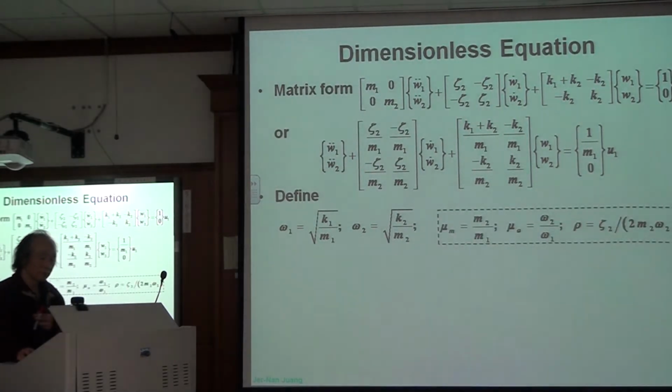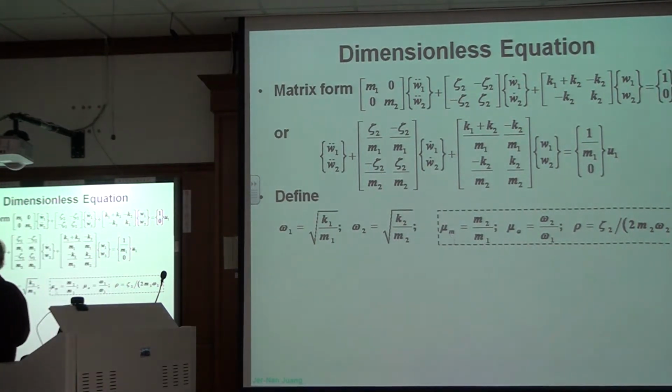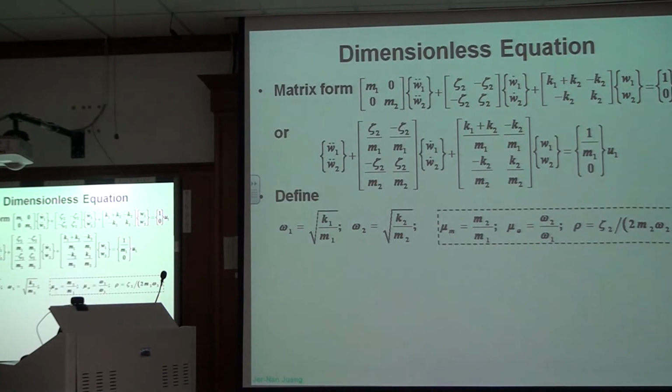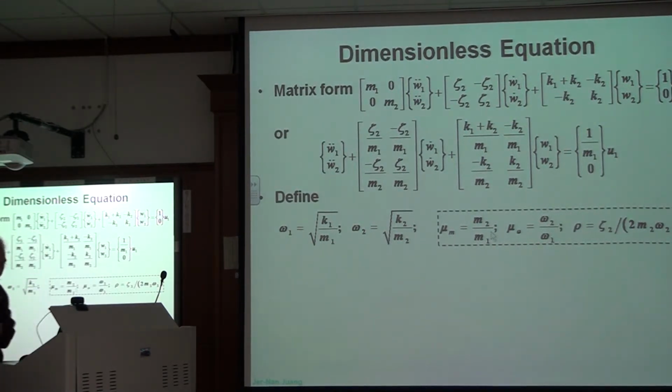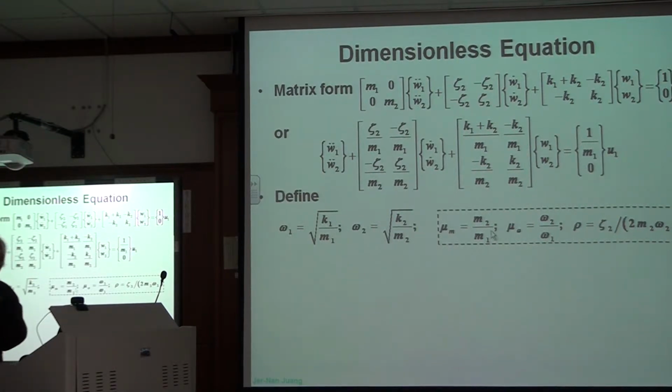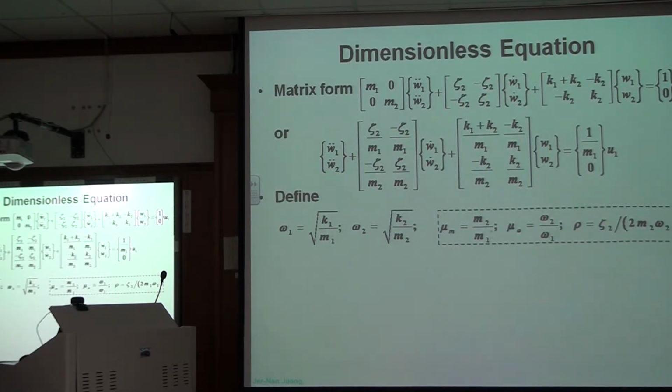So these are the frequencies. And then we are going to define mu m equal to M2 divided by M1. I'm going to define these as dimensionless. M2 divided by M1 has no dimension, just like what I showed you in the video earlier.